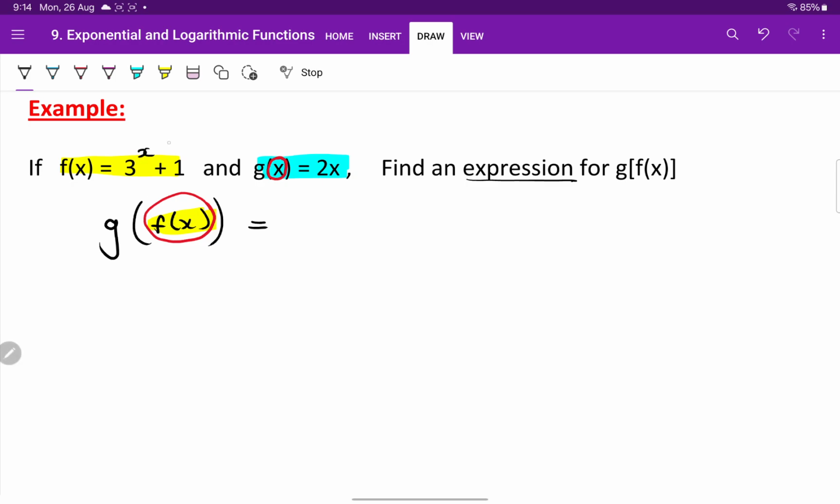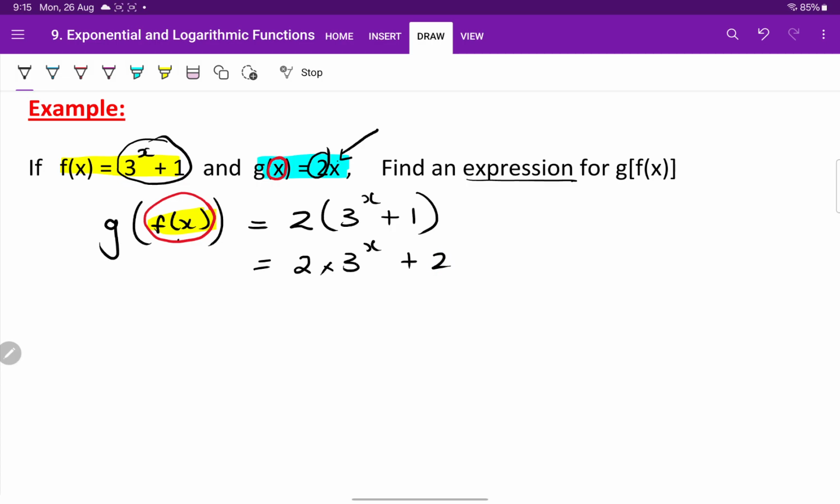Sorry, my f of x is 3 to the x plus 1. There we go. So I've now got 2 times 3 to the x plus 1. Okay, so my g of x is 2 times x, and my x is now function of x. So you could write that as then 2 times 3 to the x plus 2.